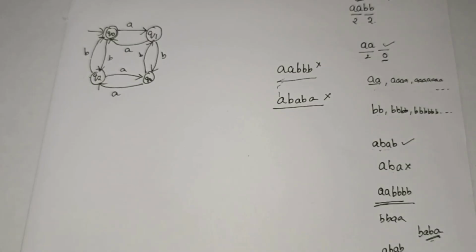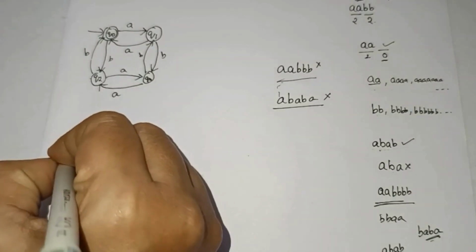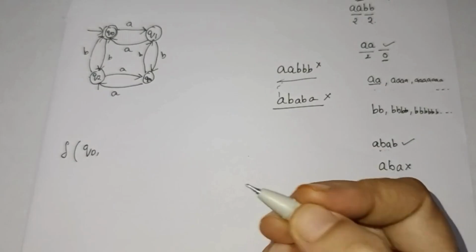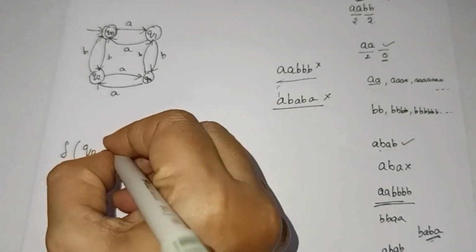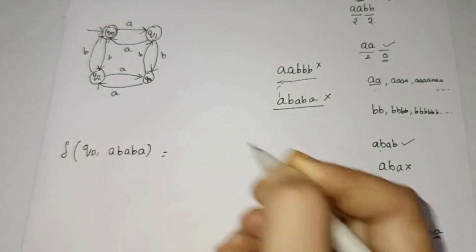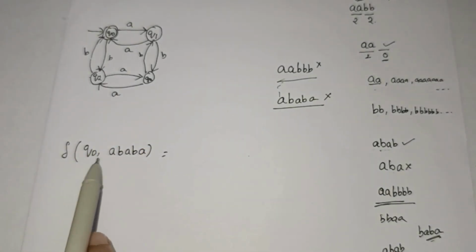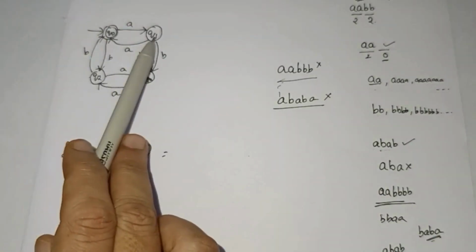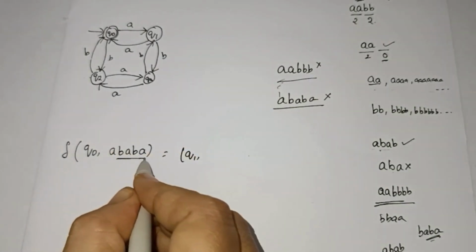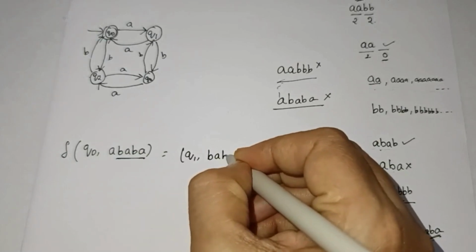Now we will take one sample string over this DFA transition. Delta of Q naught over a string A, B, A. That equals to, now Q naught on A. Q naught on A is Q1. So I will write Q1. Left out string is BA.